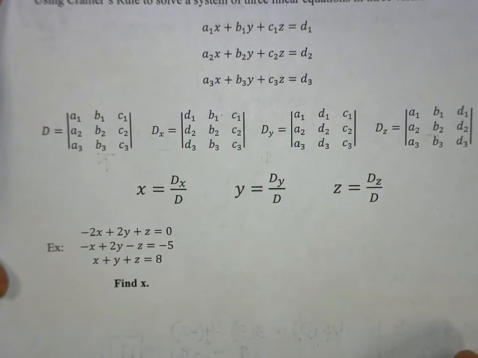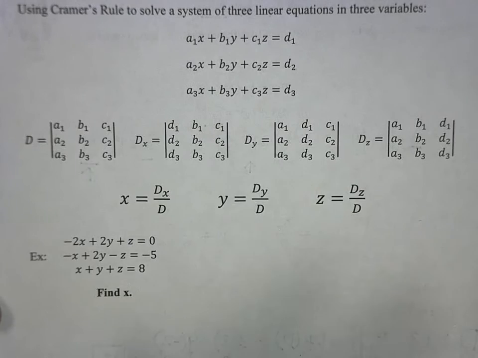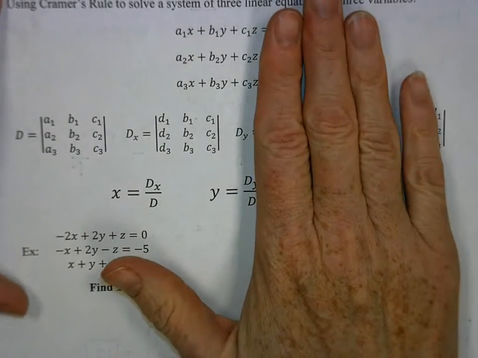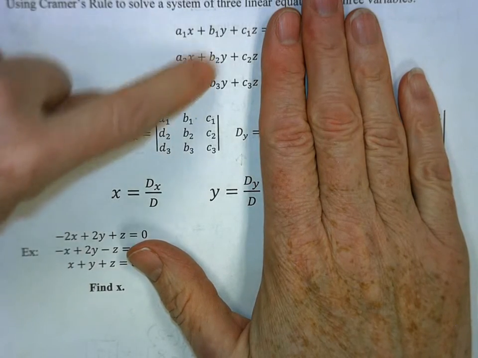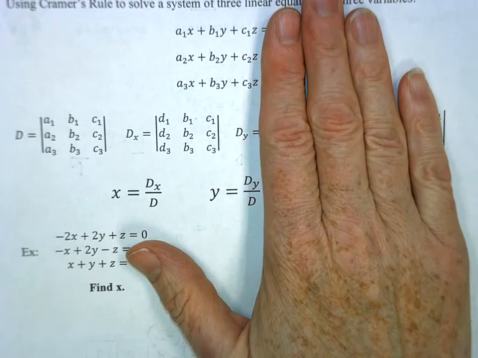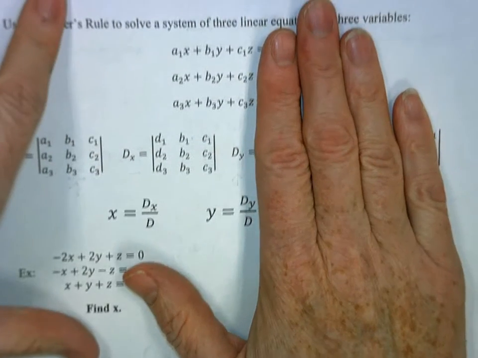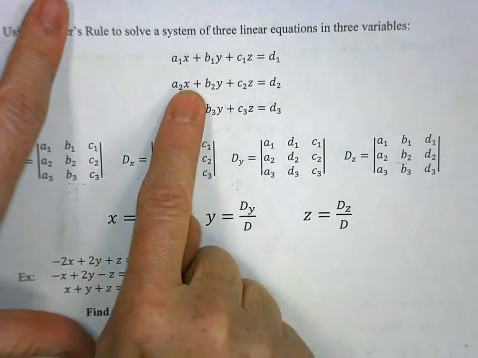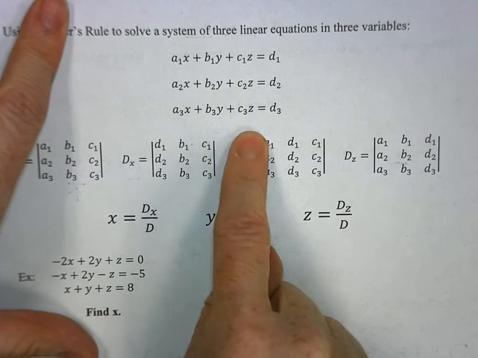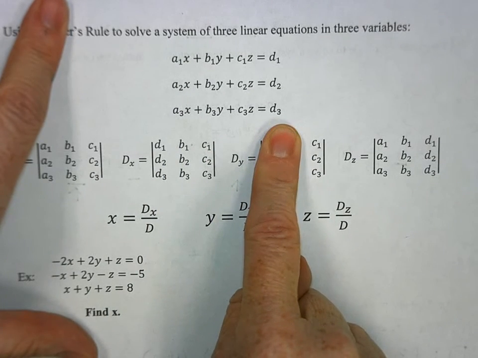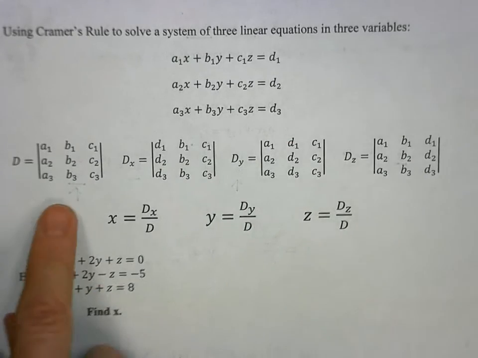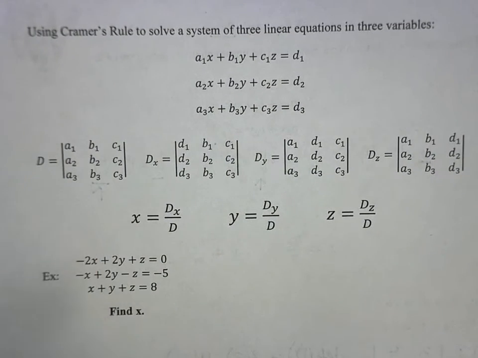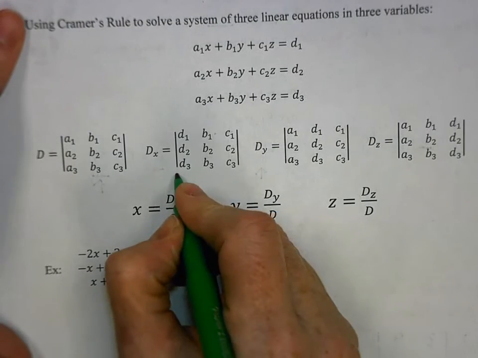Let's do it with a 3 by 3 matrix. Always fun, right? Okay, let's look at this for a minute. Let's see how we're the same. First of all, my augmented matrix for D is the coefficients in front of the variables. Remember, when you're doing this, you must have your equations in standard form, all the variables on the left in the right order, and the answer matrix on the right of the equal sign.